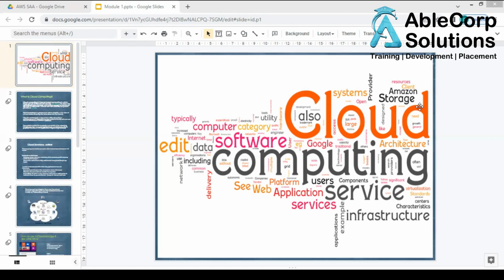Cloud computing survey: infrastructure is drastically being used, then web applications, web application services, and software are being used. Amazon storage you can see on the right side.